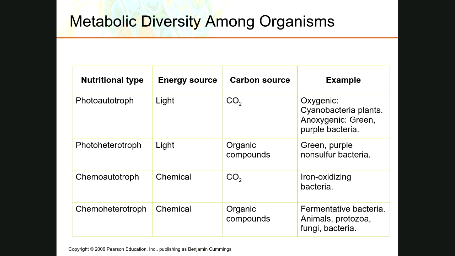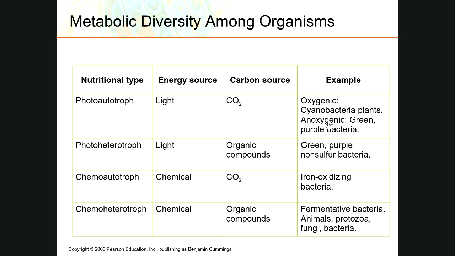That depends on their energy source and their carbon source. A photoautotroph uses light energy and CO2 to feed itself. And here we see the cyanobacteria, the blue-green algae. So a type of prokaryote that does photosynthesize and make oxygen. But most other microorganisms that can photosynthesize do not make any oxygen.